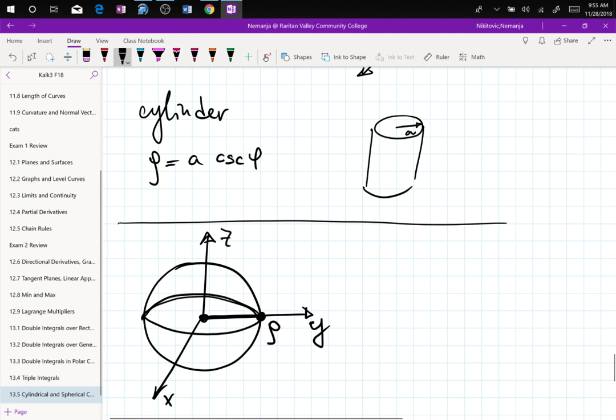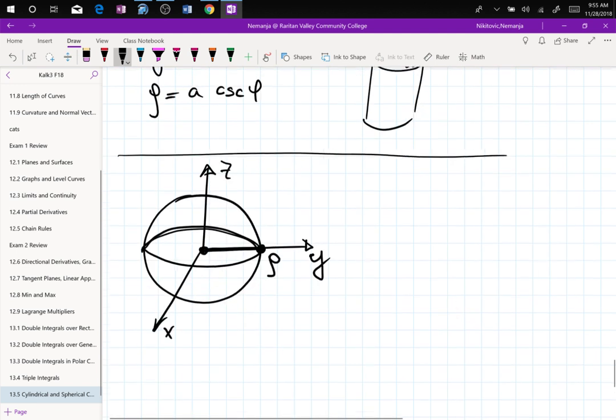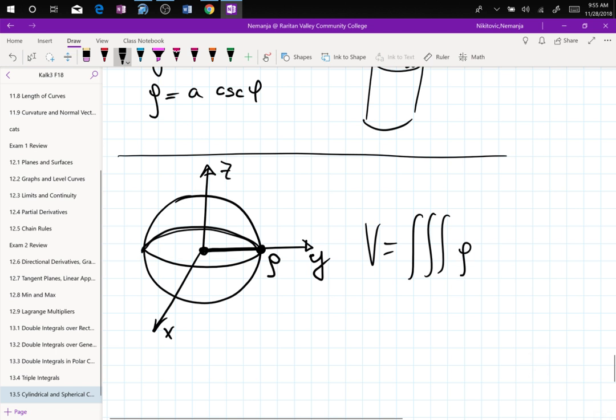So if I am writing the basic integral for the volume of a sphere, I have a triple integral. Now, there's a string you have to memorize. Rho squared sine phi, the rho d phi d theta.